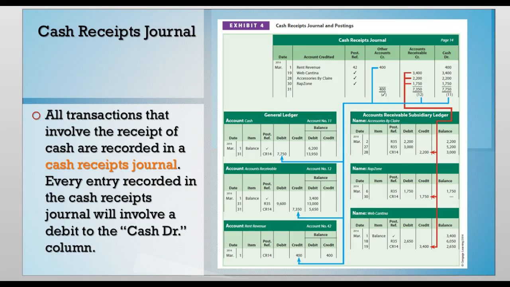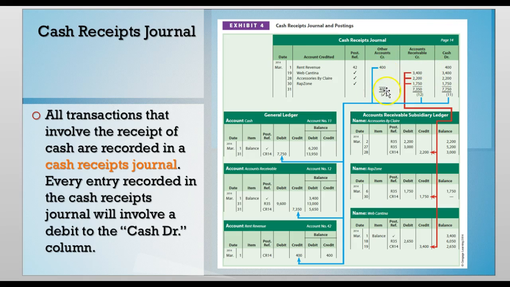And let's look at a cash receipts journal. Kind of the same scenario. This one is going to involve a cash debit every time, because it's a cash receipts journal, so every time you get money it's going to have that account. Typically most of the money coming in is going to be a credit to accounts receivable, because your customers are paying their accounts off.